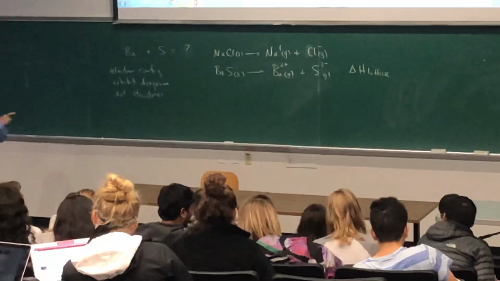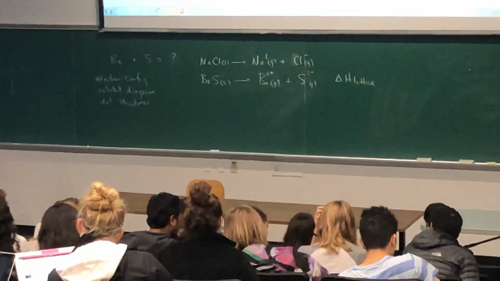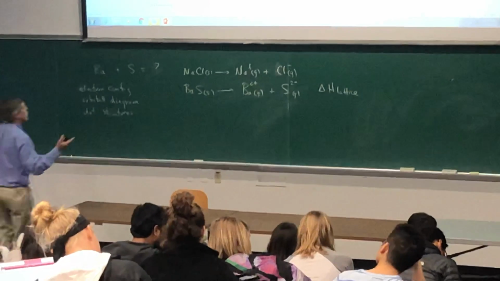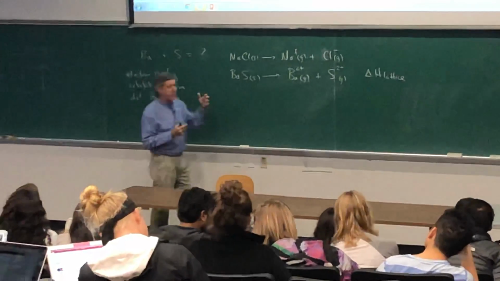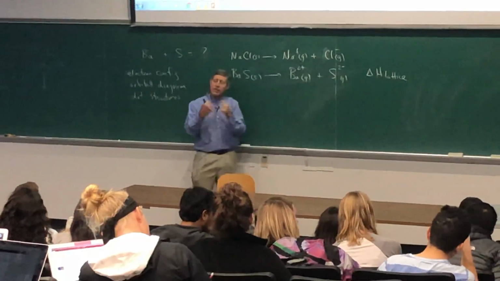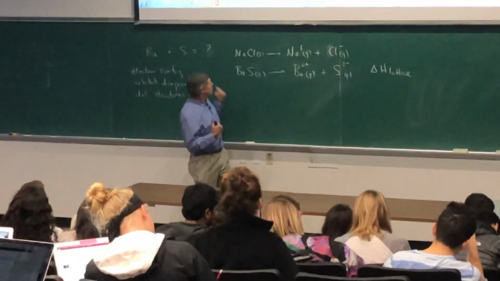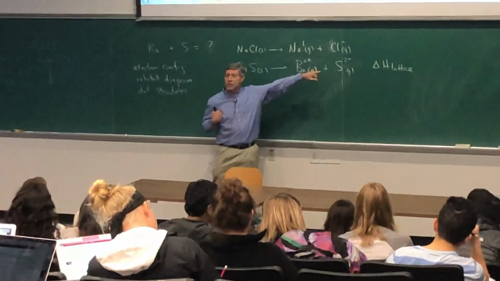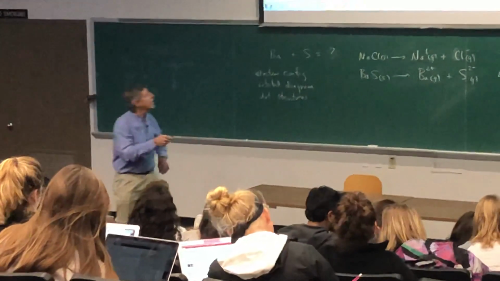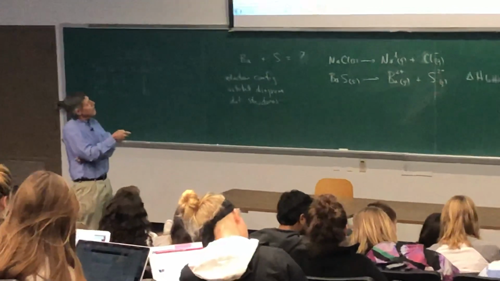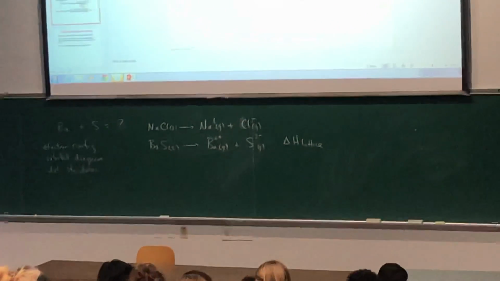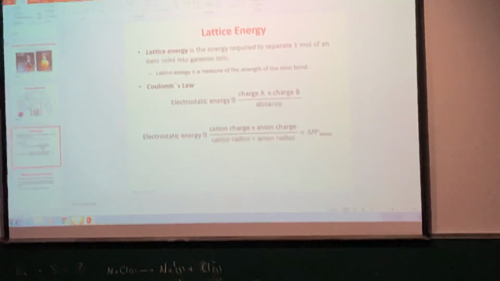We have to suspect that these 2 lattice energies will not be the same. Without even Coulomb's law, you can intuitively expect that the +2 -2 combination is going to be held together tighter than the +1 -1 combination. And Coulomb's law verifies that. So the electrostatic energy, the energy to pull those guys apart, is proportional to the product of the charges.